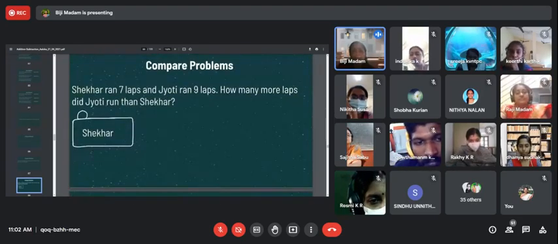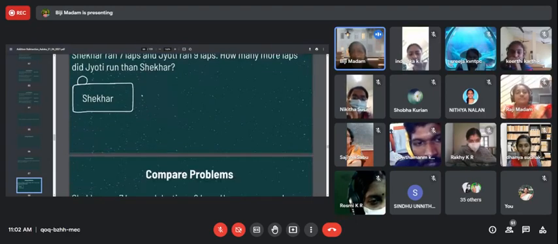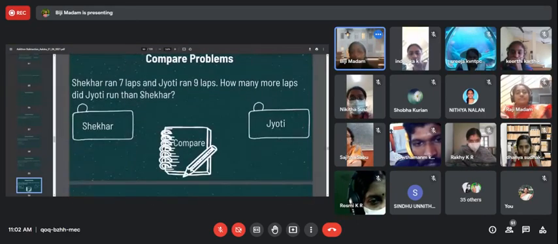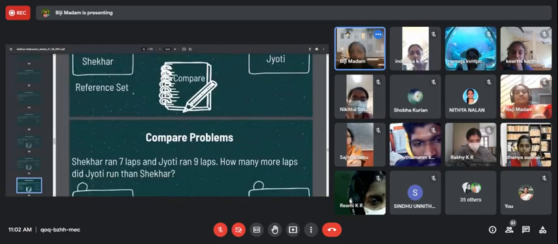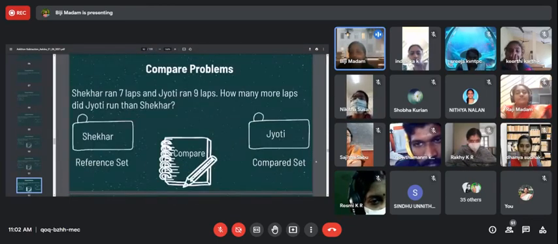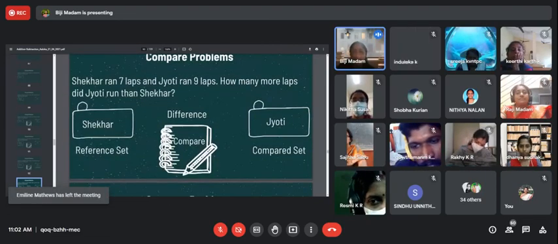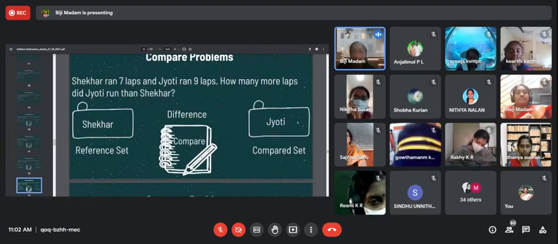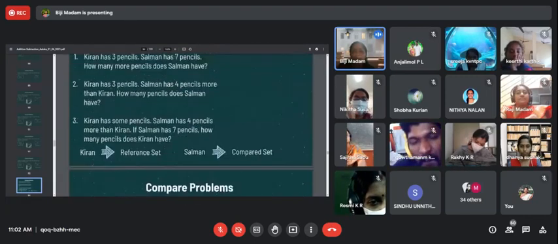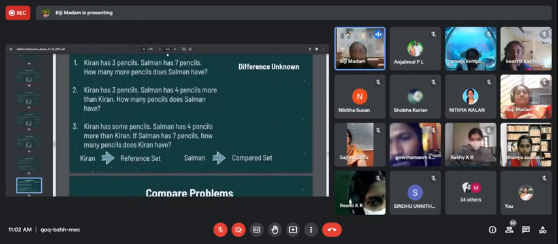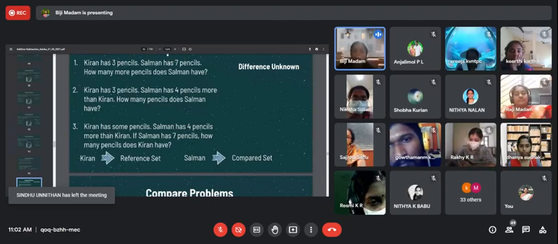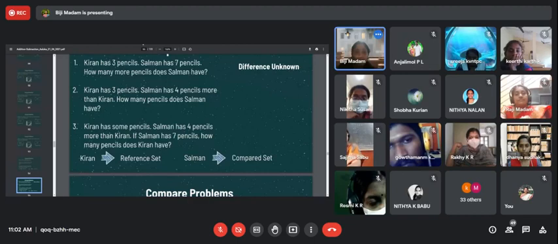Shekhar can be taken as the reference set, and Jyoti can be taken as the compared set, and the difference that you get is the difference. So you can prepare questions where the difference is unknown. Kiran has 3 pencils, Salman has 7 pencils, and how many more pencils does Salman have? So there, how many more, the difference, is unknown.